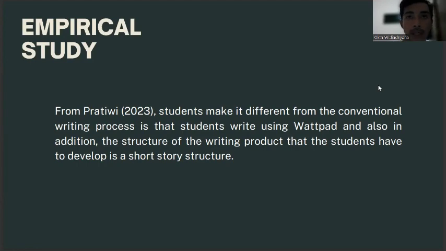In the Wattpad application, students can also write narrative text about their experiences, and there they can use grammar and vocabulary, training and improving their writing skills.